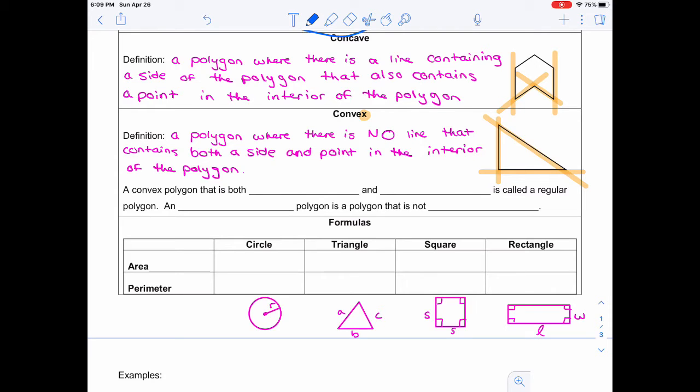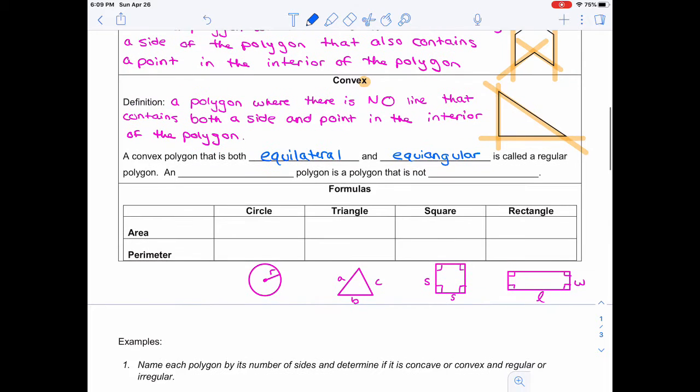And we have a convex polygon that is both equilateral and equiangular is called a regular polygon, okay? So an irregular polygon is a polygon that is not regular. And I know that sounds redundant, but that's technically how you would define it, okay?